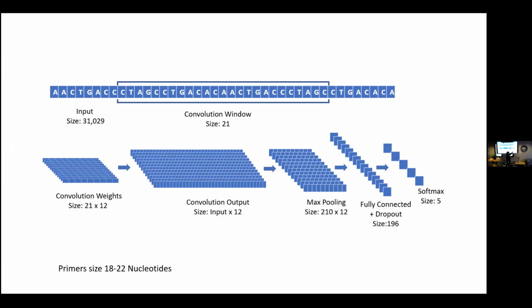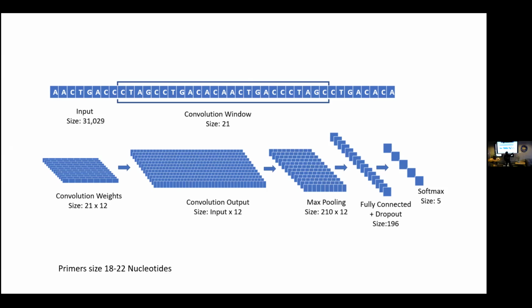Fully connected means that the outputs of the max pooling are all interconnected, and when we train the convolutional neural network, some of them are going to drop out. That's a dropout. Dropout is a type of regularization, and a softmax transforms the output into the probability of which of the coronaviruses it is. So that's a softmax layer at the end.